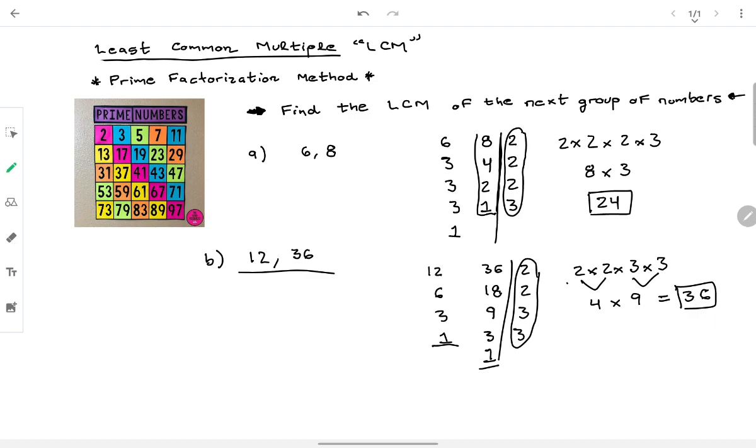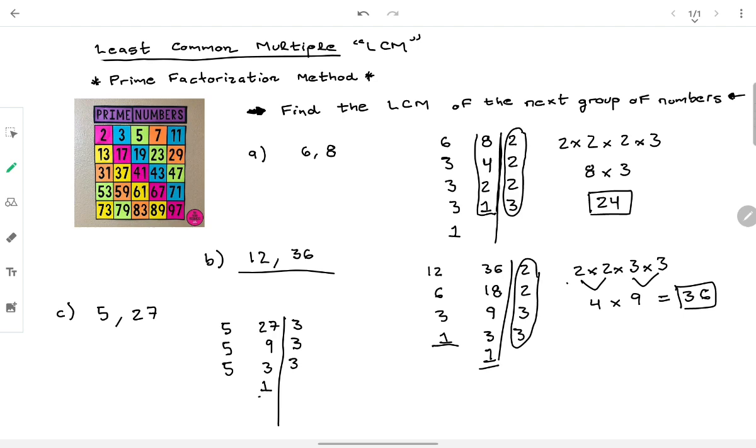We are going to see another example. Imagine you have 5 and 27. What we need to do is the same. We put 5 and 27, a little line, and we start. Here we cannot start with 2 because 5 and 27 are not divisible by 2, so we can start with number 3. That will get us 5 and 9. We will get another 3, which gives us 5 and 3, and another 3.